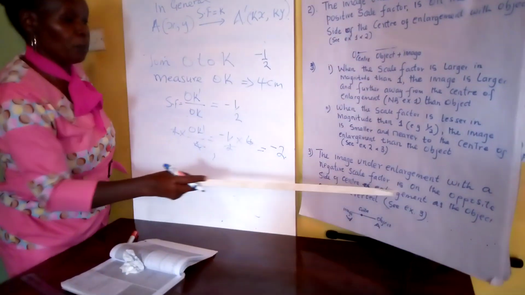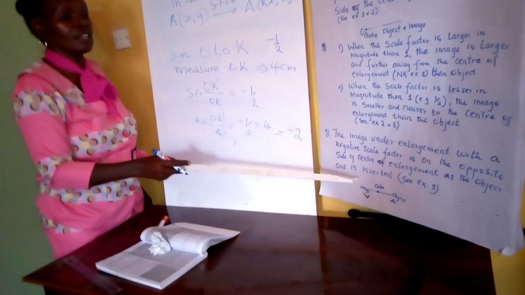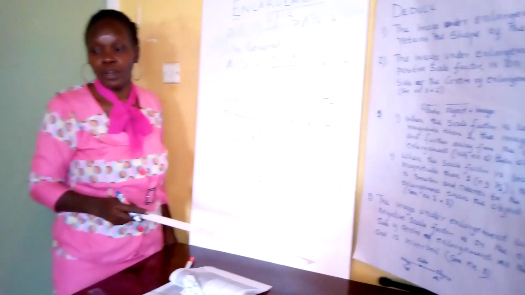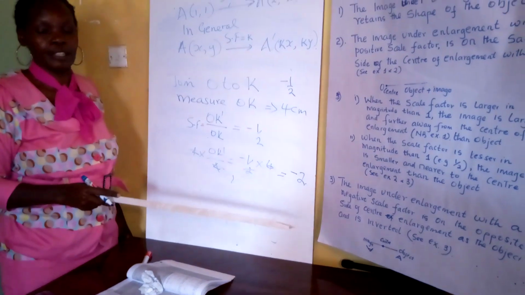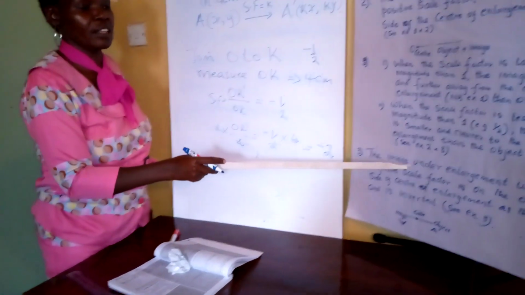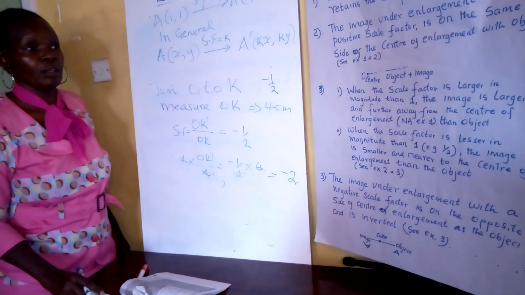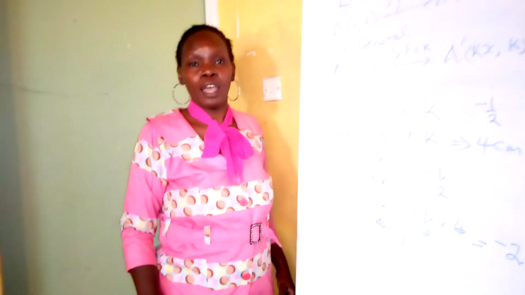So it is on the opposite side of the center and it is inverted. You can see example number 3. Whenever the scale factor is negative, the image is inverted and it's on the other side of the center of enlargement. So that is our topic today.